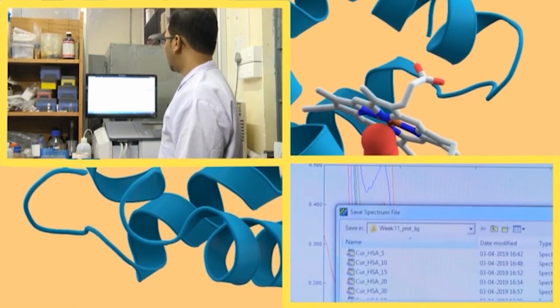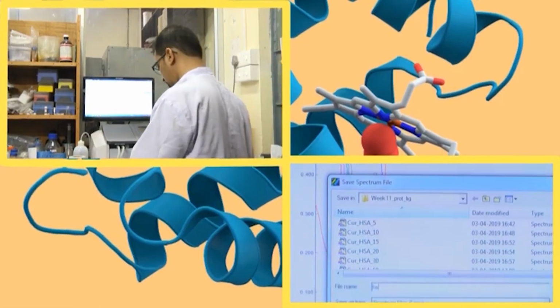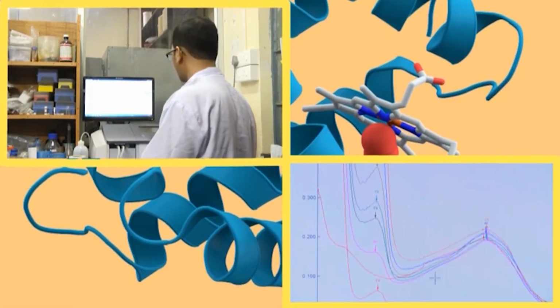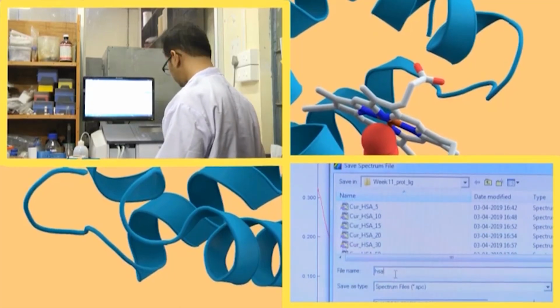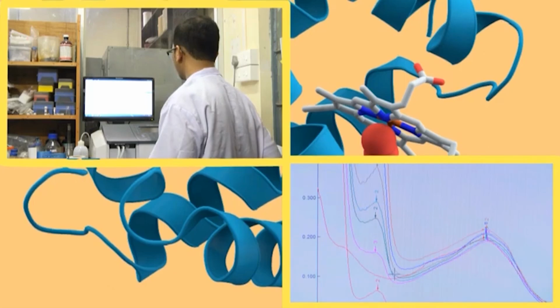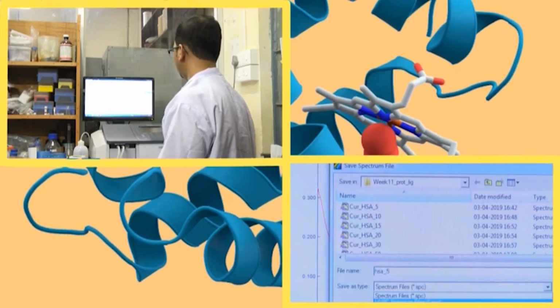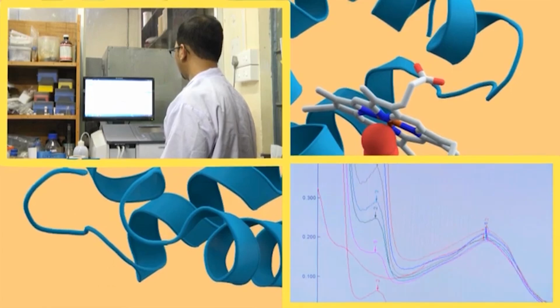So I am saving this again as HFA. Let us change this name, only HFA underscore 5. Okay. Saving it again as text file HFA underscore 5.